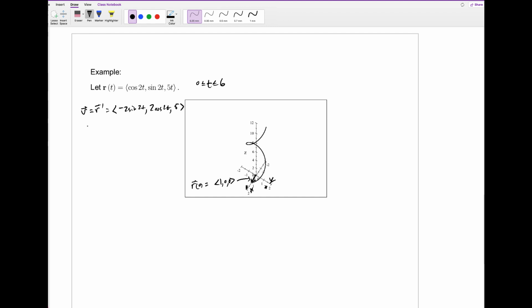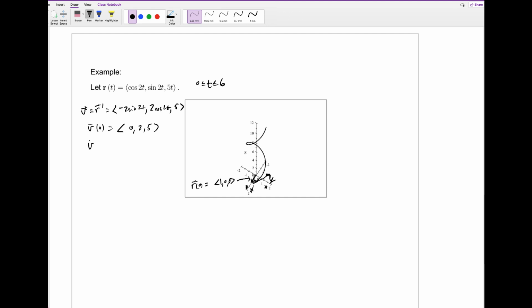As an example, when t equals 0, you plug in 0 and you get exactly 0, 2, 5, and that would be a vector that's kind of up in this direction. At the initial time 0, the position of the object is here, corresponding to 1, 0, 0, and the velocity vector, which is shown here, 0, 2, 5, shows you the direction the object is moving.